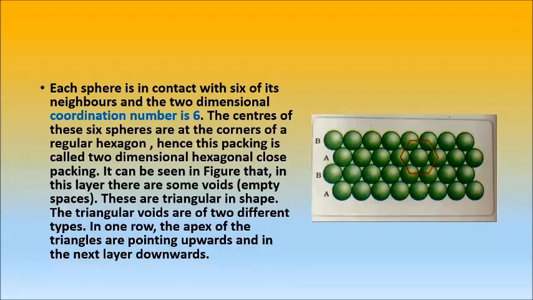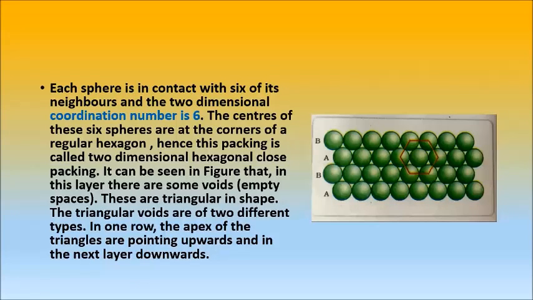And we can see here the gaps between the spheres are very less compared to the square close packing. And what is the shape of the gap? It's triangular in shape. These triangular gaps are said to be voids, and these are of 2 types. In one row, the apex of the triangle points upwards, and in the next layer it points downwards.